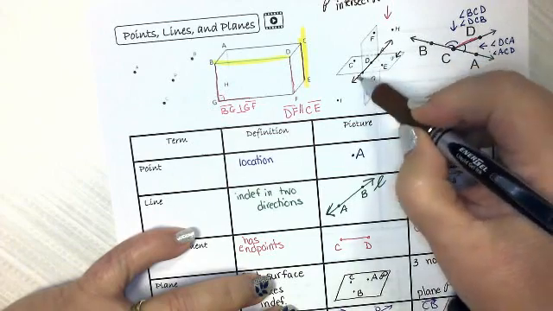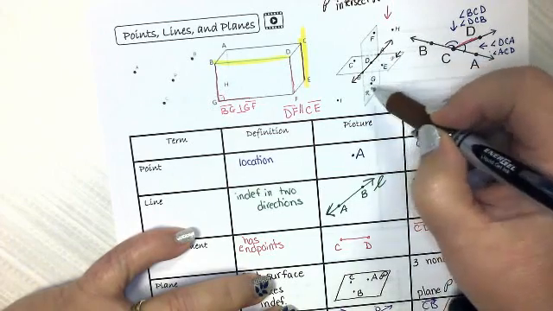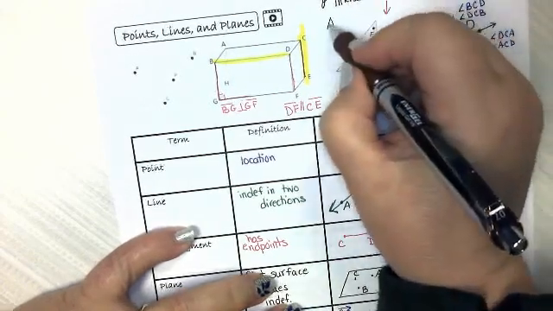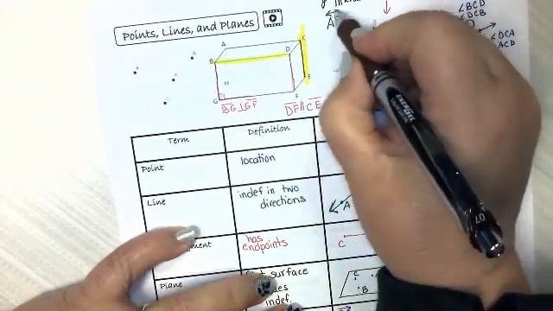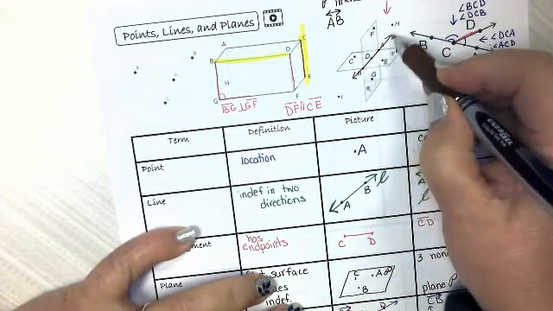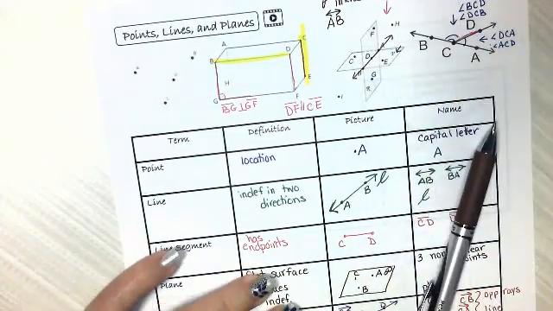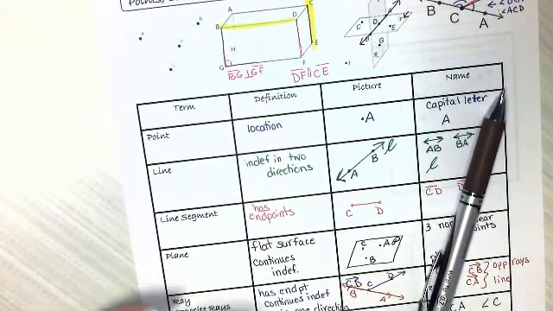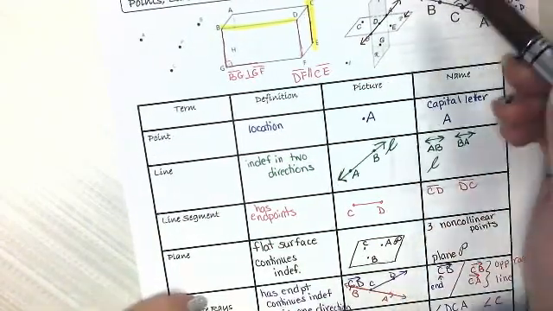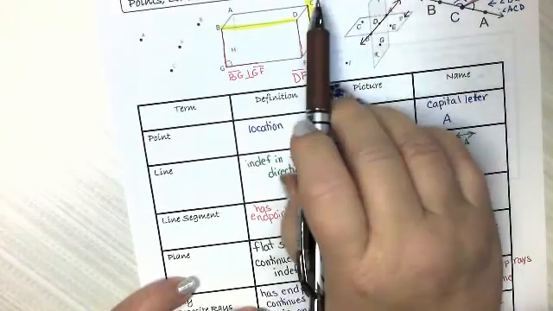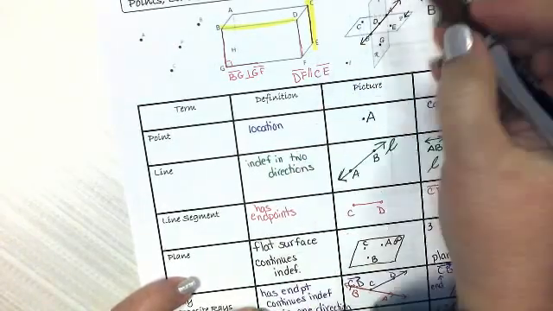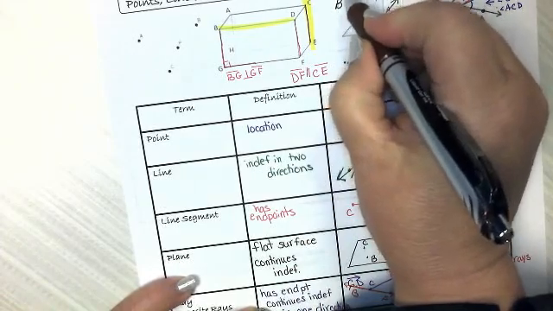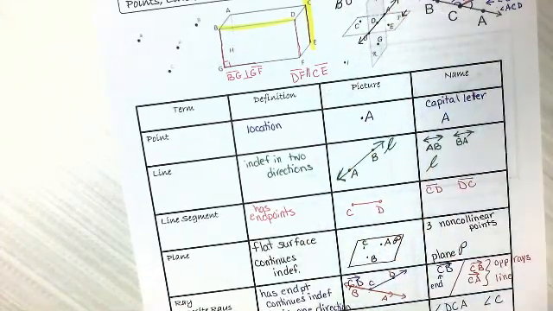I could call this BA, I could call it BD, I could call it AB, any of those. It's the line that contains A and B, which would also include the line that contains D. So you want to be sure if you are asked for the intersection of two planes that you list a line. Again, it could be AB, you could have said line BD, and so on.